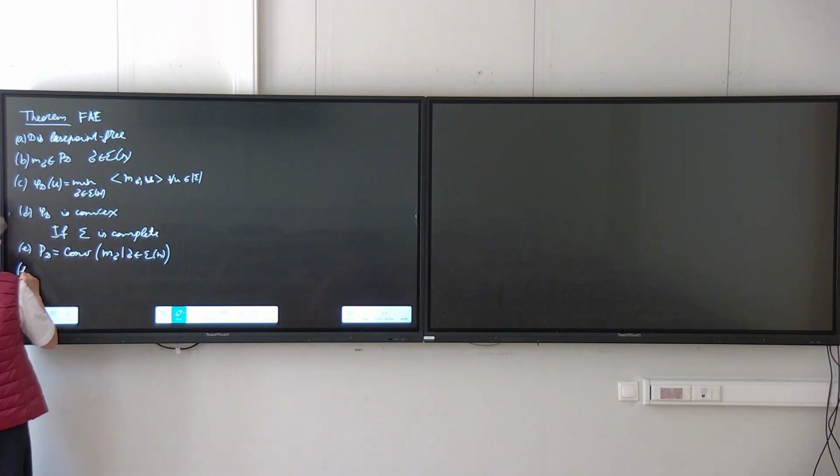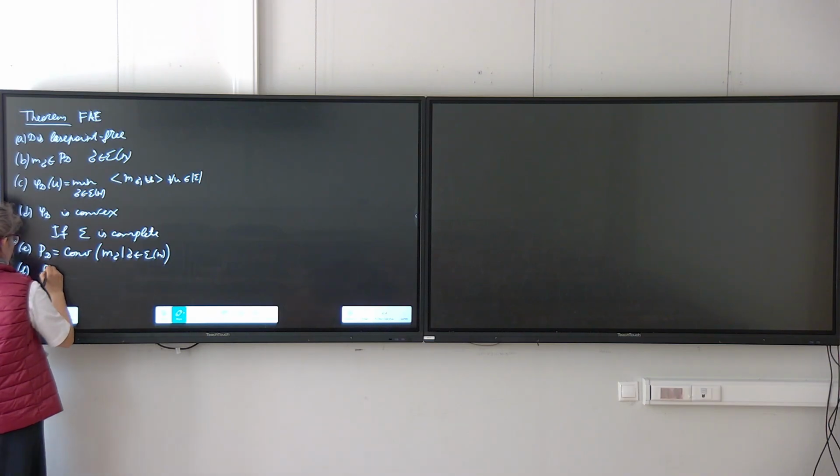Then the set of m sigma is the set of vertices.